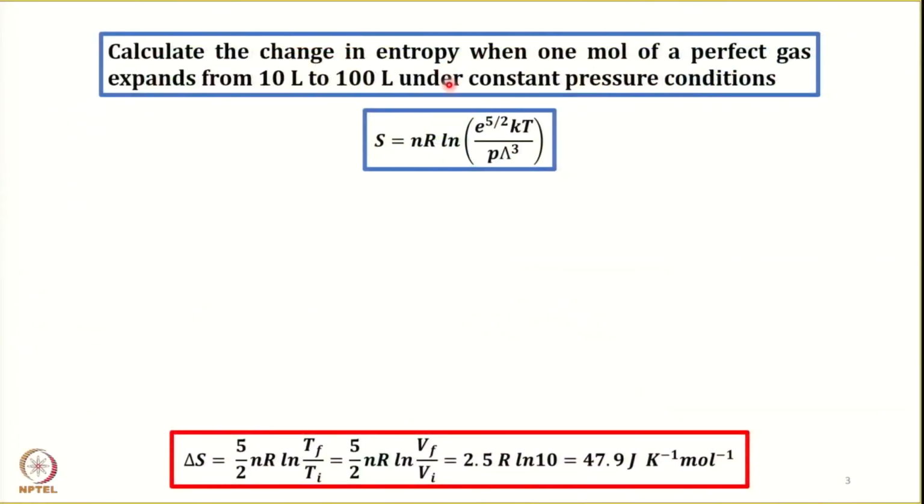Now, let us discuss constant pressure conditions. I was mentioning that you can use the Sackur-Tetrode equation in different ways: under constant temperature, constant pressure, or constant volume conditions, depending upon the requirement.